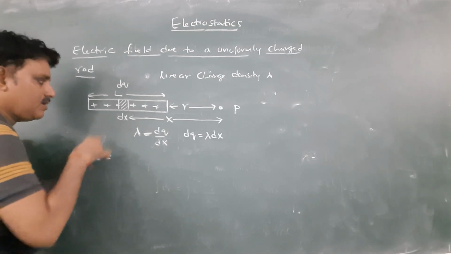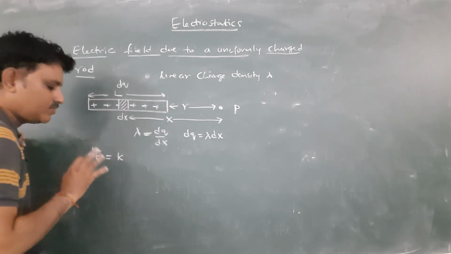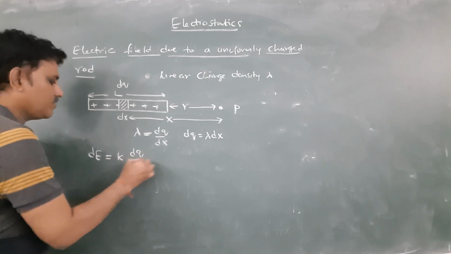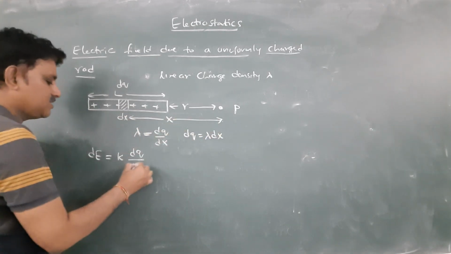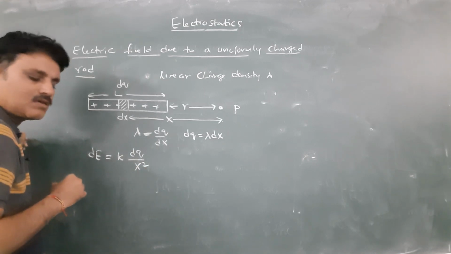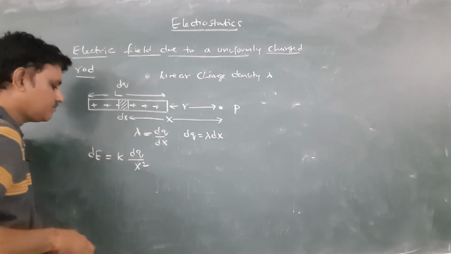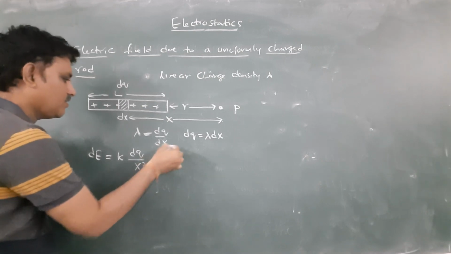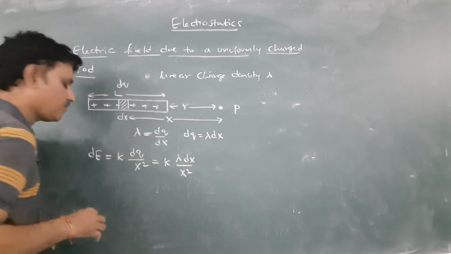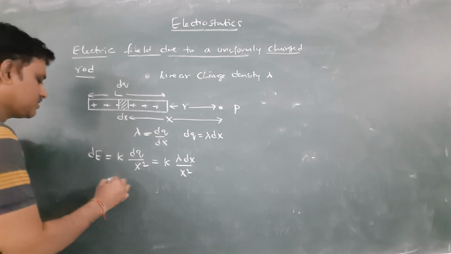So the small electric field dE is equal to k into dq by x square, where k is 1 by 4 pi epsilon naught, generally termed as k, and the charge dq is at a distance x from P. That is the small electric field with respect to the small element we chose. Substituting the value of dq, dE is equal to k lambda dx by x square.